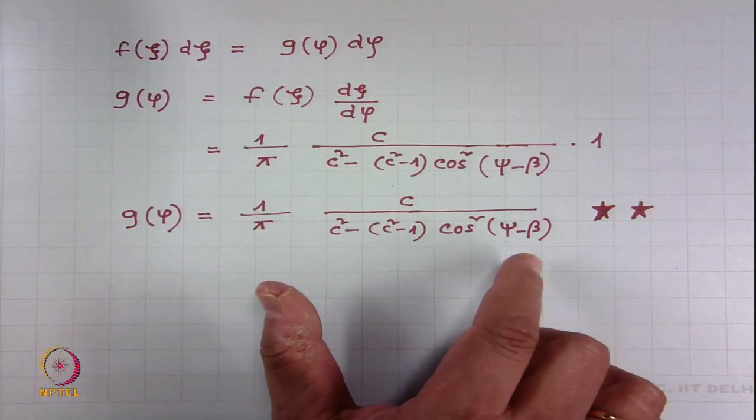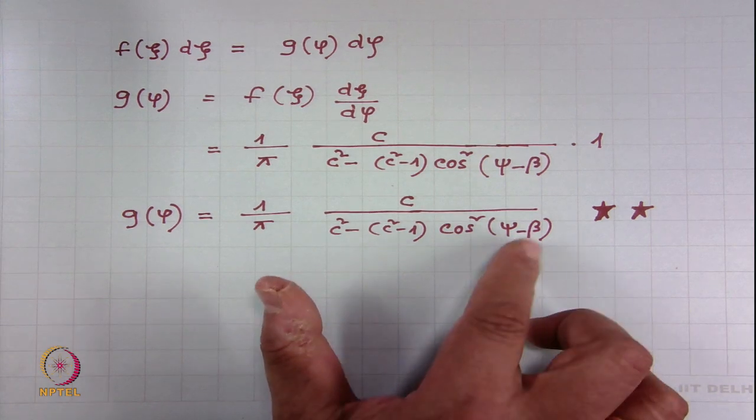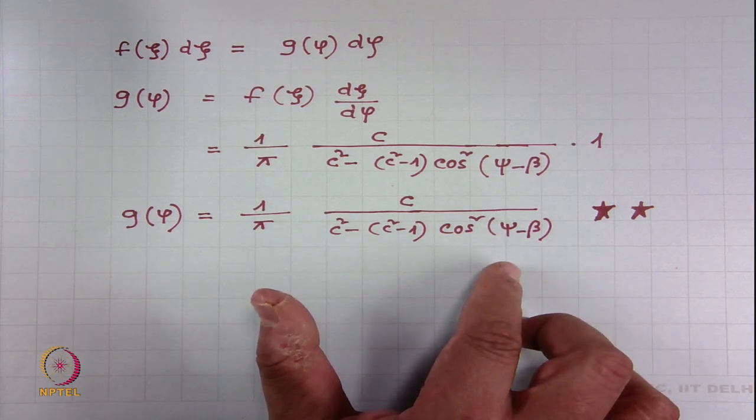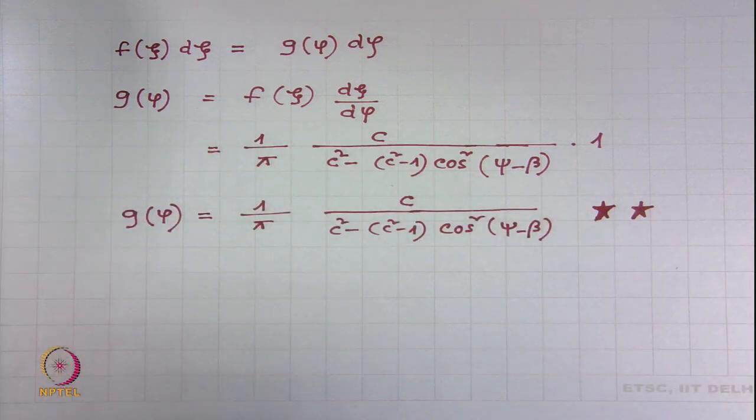So, we obtain our earlier expression. In all other cases, when beta is not equal to 0, this becomes the expression for the PDF of angle psi.